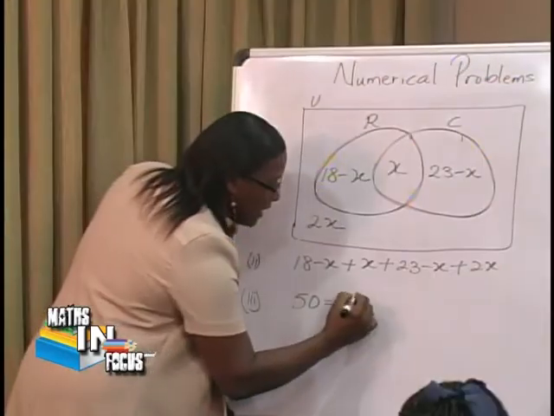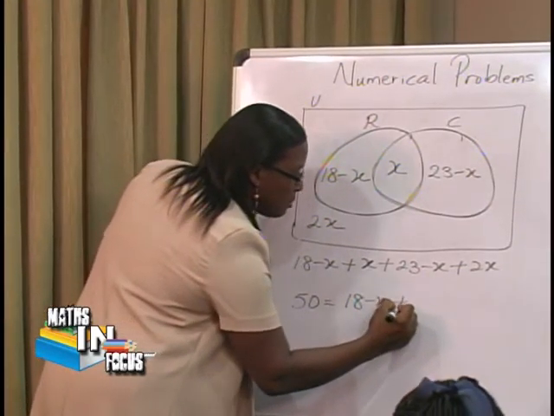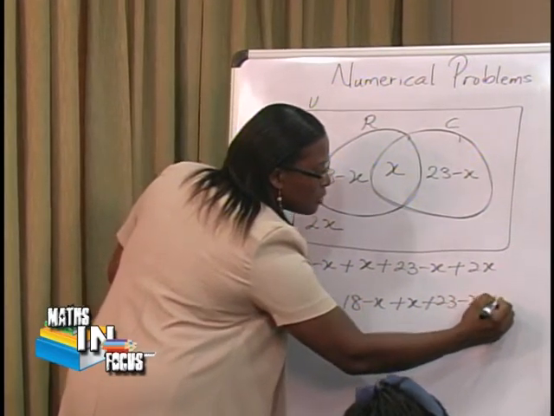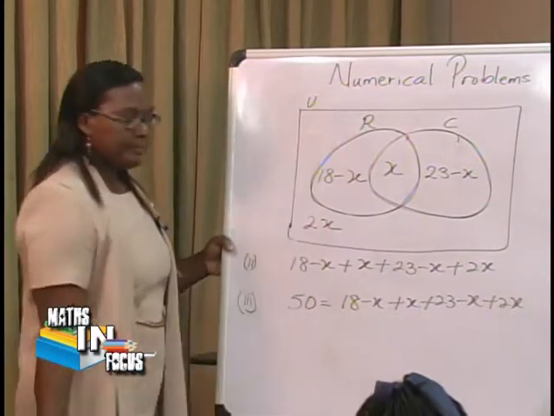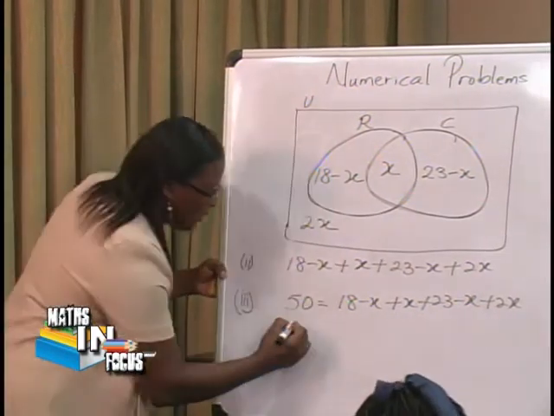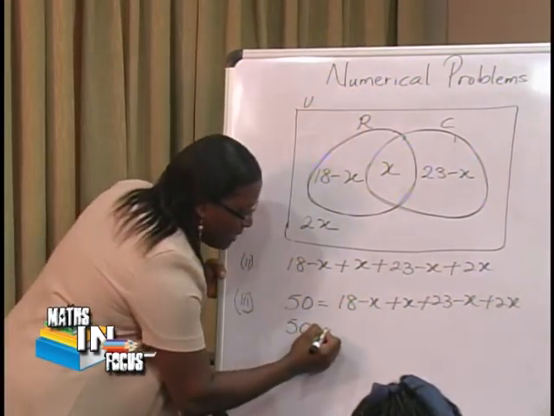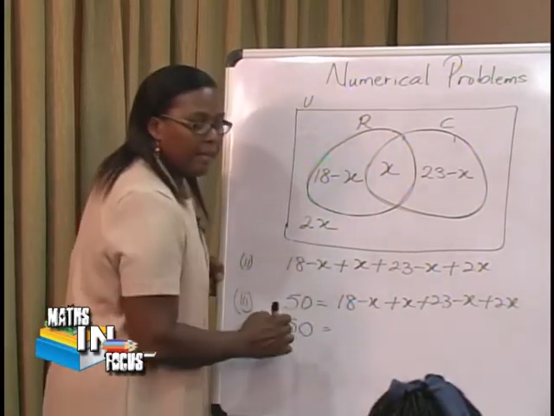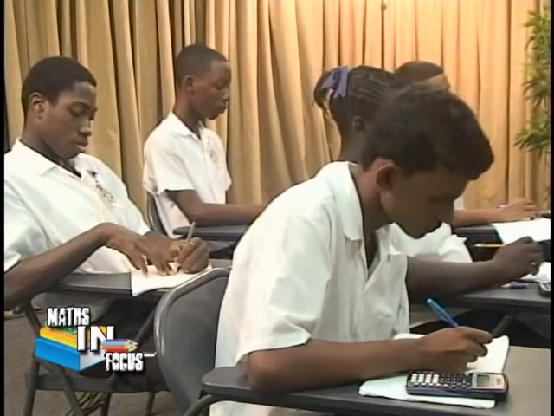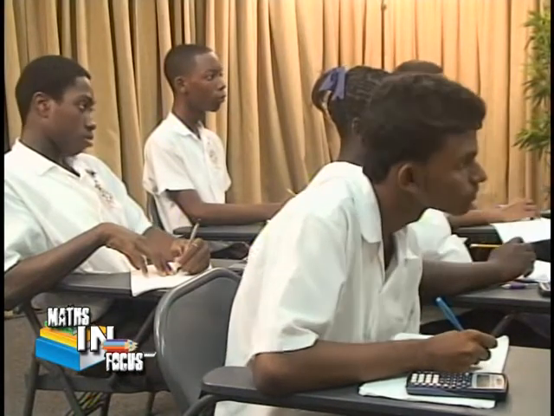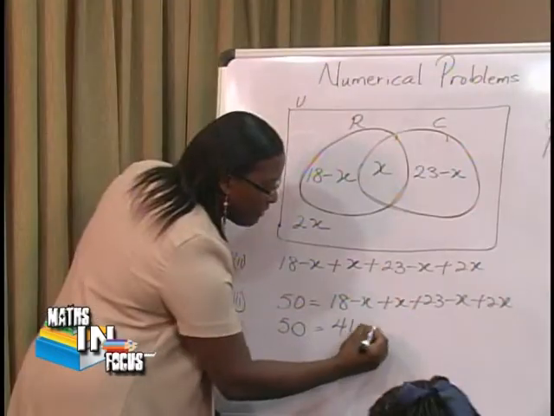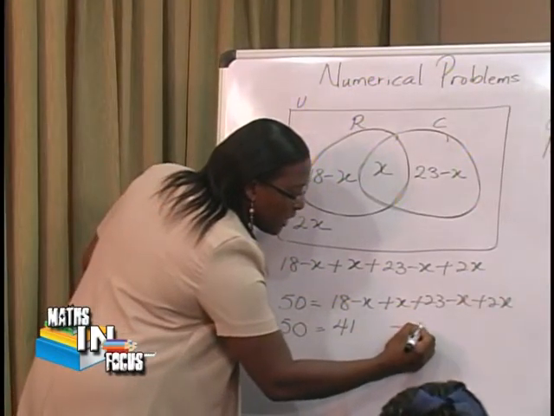So, we're going to have 18, take X, plus 23, take X, plus 2X. 50 is equal to, when we sum our 18 and our 23, what did we get? 41. And we have a negative X and a negative X, and that would give us a minus 2X.